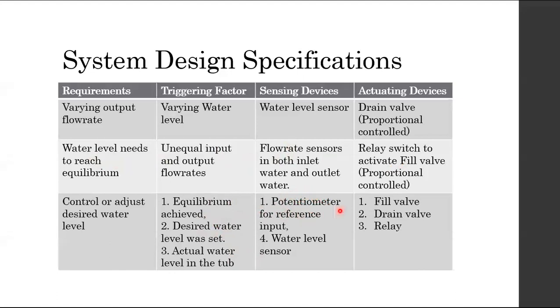Okay? And then, for the actual water level, kung yun ay na-reach na yung desired, so kailangan natin ng water level sensor. So ano yung mga actuating device kakailanganin? So yung fill valve, syempre, yung drain valve pa din, at yung relay. Okay?